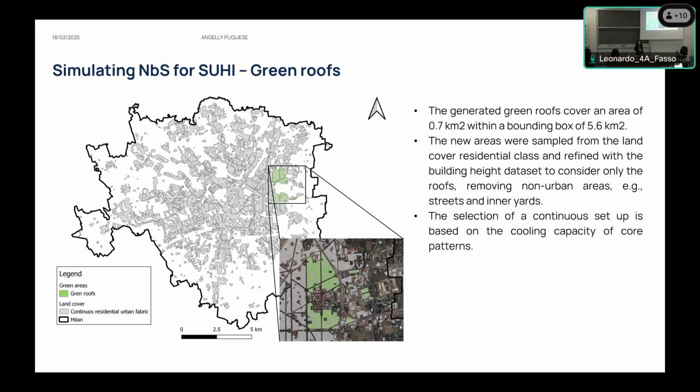It's not that we can change tens of square kilometers, so this is already a huge change. The bounding box that contains this raster is 5.6 kilometers. And yeah, I just told you this information already, so let's go to the next slide.